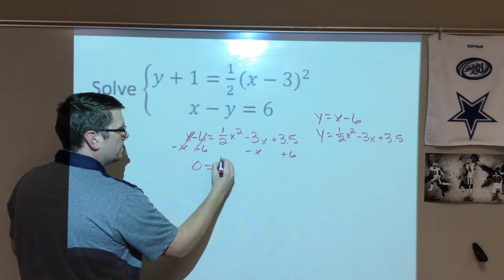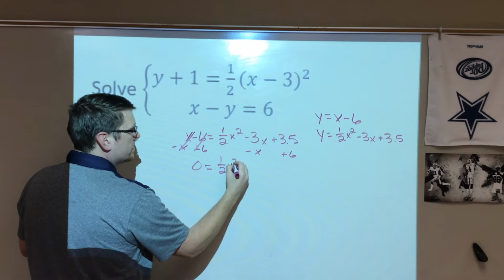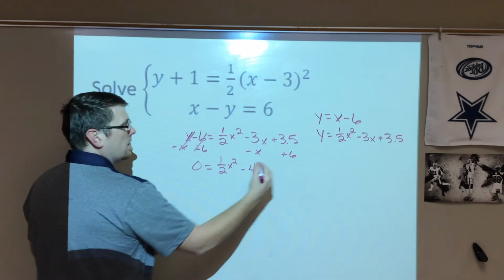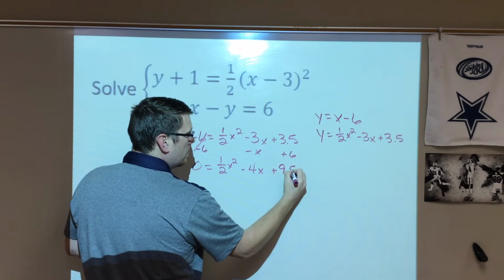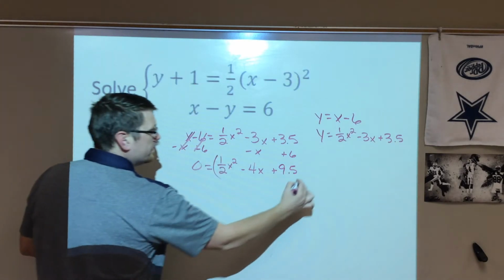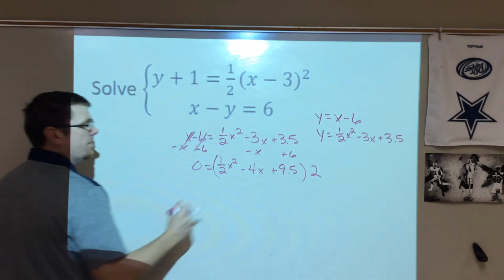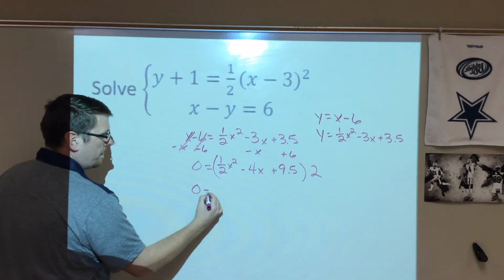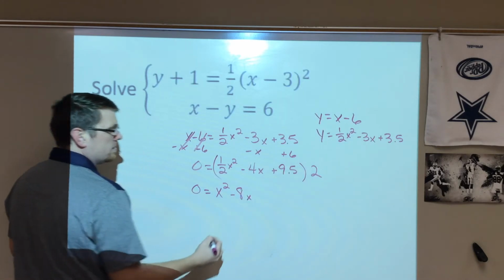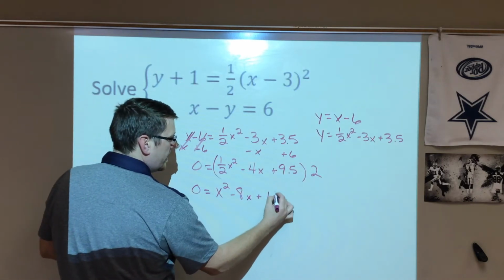And I find out 1/2 x squared, negative 3 minus 1 is negative 4x. And this is going to be 9.5. I'm going to multiply this by 2 to get my a value as 1. Be x squared minus 8x plus 19.